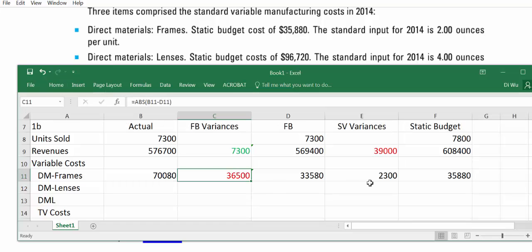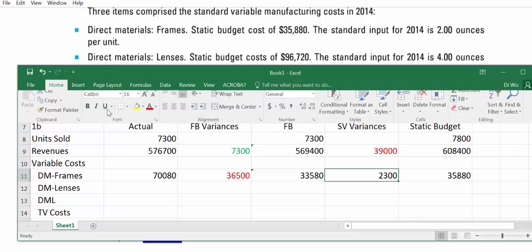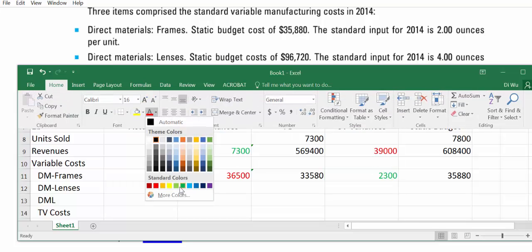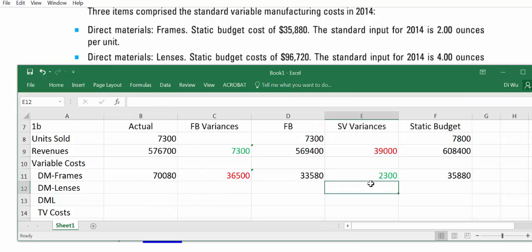Then let's take a look at the sales volume variance. Because sales volume drops, you do have savings in the DM frame cost of 2,300. So for this one, we're going to have a favorable variance due to the sales volume change. Now let's come to the DM lenses.